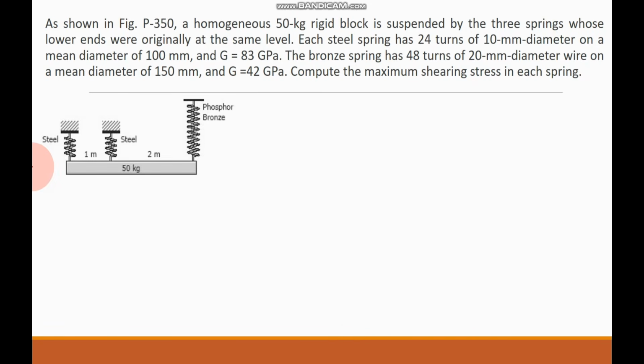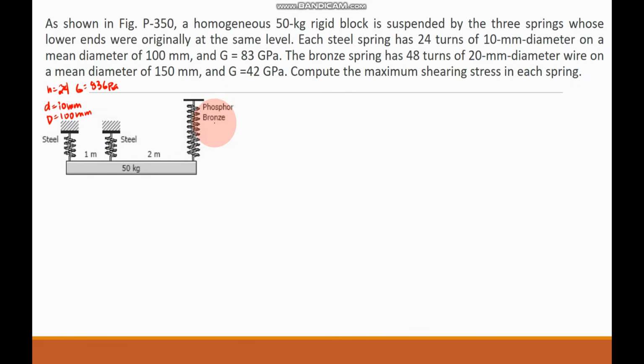So for the steel, the number of turns is equal to 24, and I will just draw it here. The diameter is 10 mm, and then it has a mean diameter of 100 mm, and G is equal to 83 gigapascal. So that is for steel.